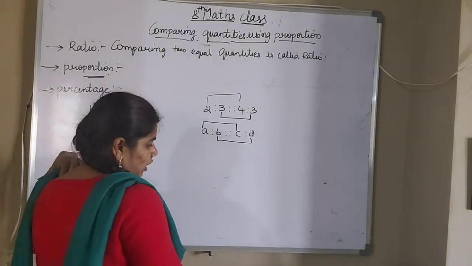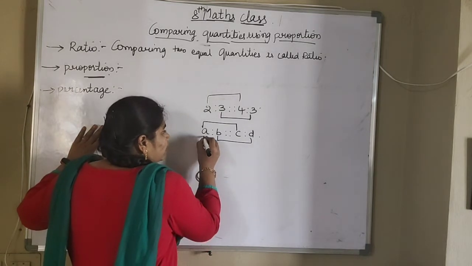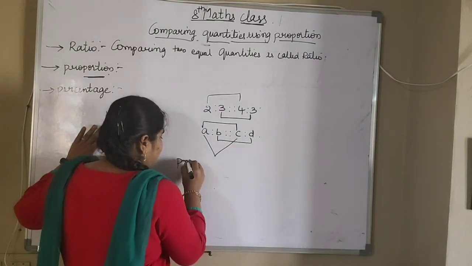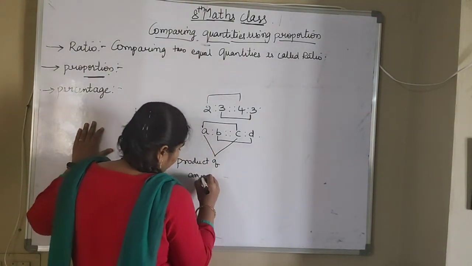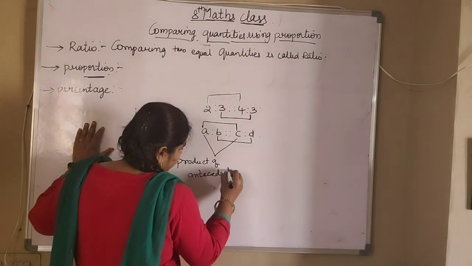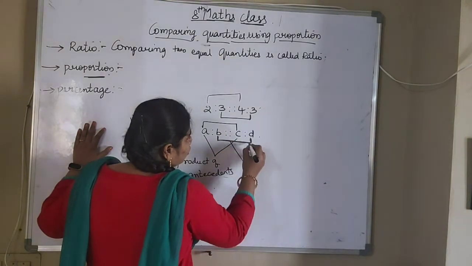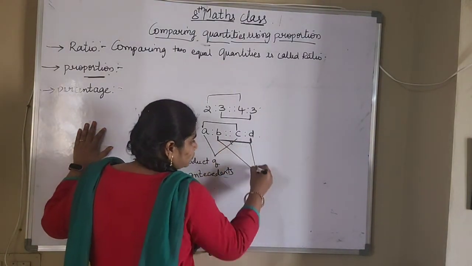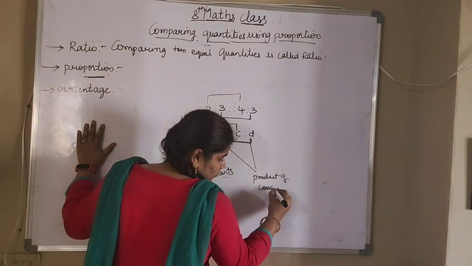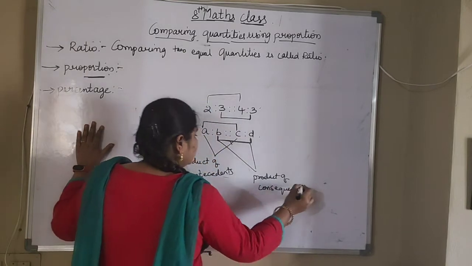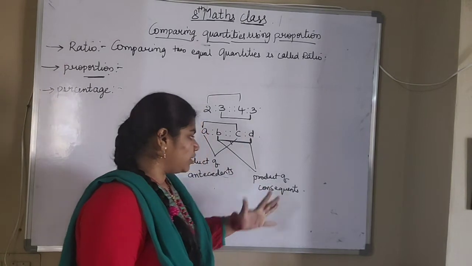So A and C we will call antecedents, and the product is the product of antecedents. The second and last terms, B and D, are called consequents, and their product is the product of consequents.